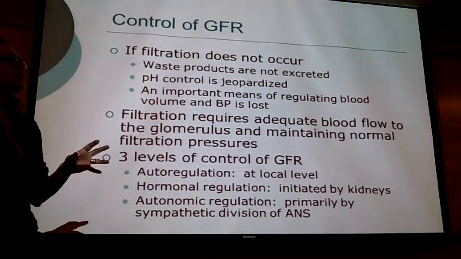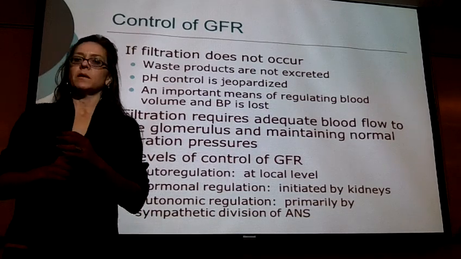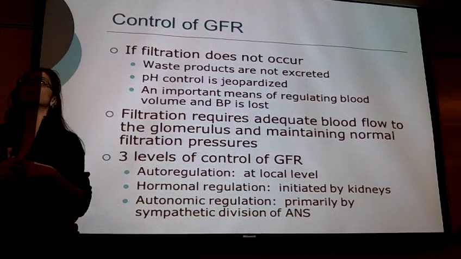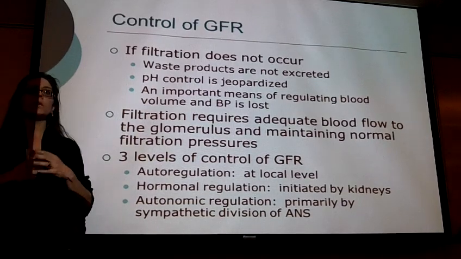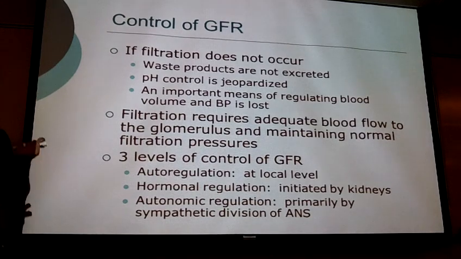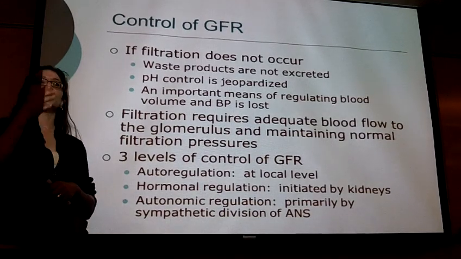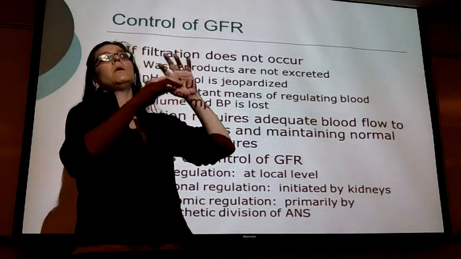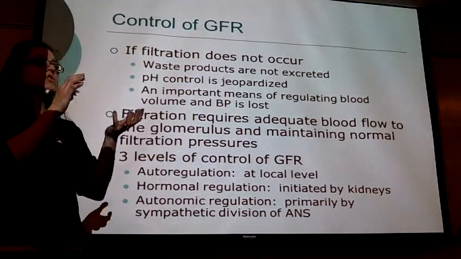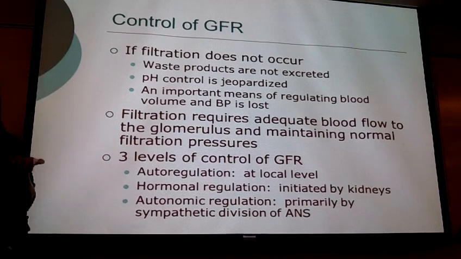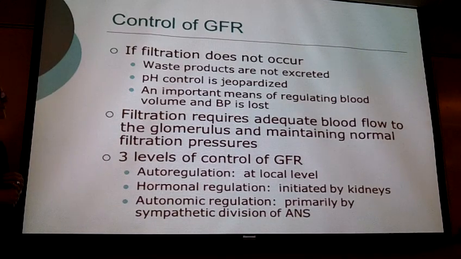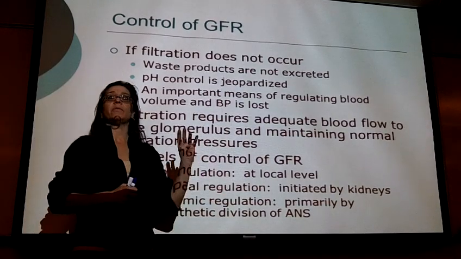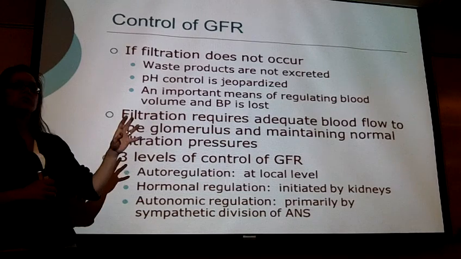And every other time that we've talked about homeostatic mechanisms of various systems, whether it's heart rate or blood pressure or stroke volume or respiratory rate, we've used the nervous system and various neural reflexes: receptor activated, send it to a control center, process the information, increase or decrease sympathetic versus parasympathetic activity. And that will happen here, but it's not the primary way that the urinary system maintains GFR.